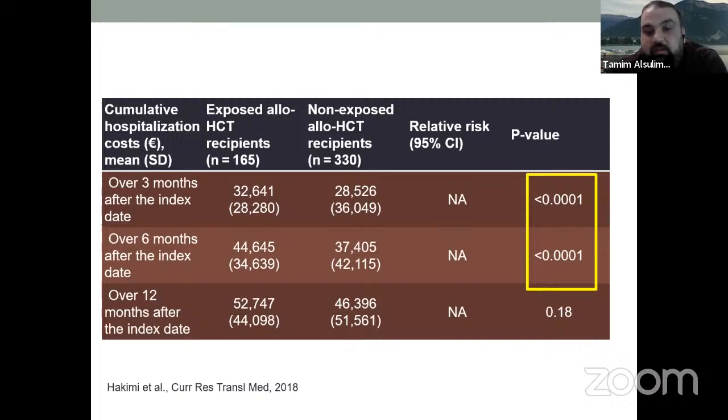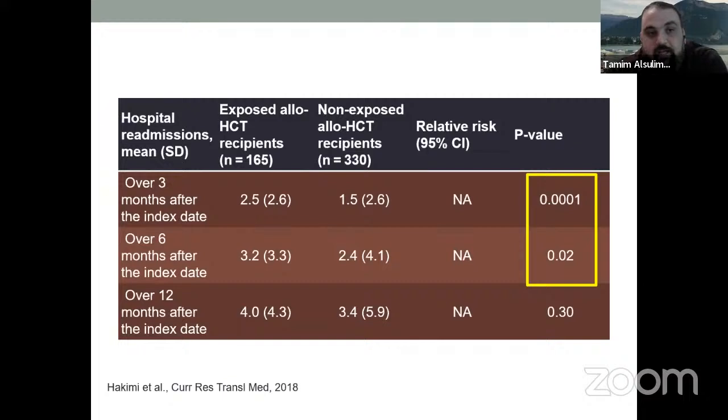On over 12 months we may not see the differences, but this may be due to other explanations that we can talk about if we have time after. For hospital admissions, for over 3 months and 6 months, we can see easily that it is very different between the exposed and non-exposed patients.